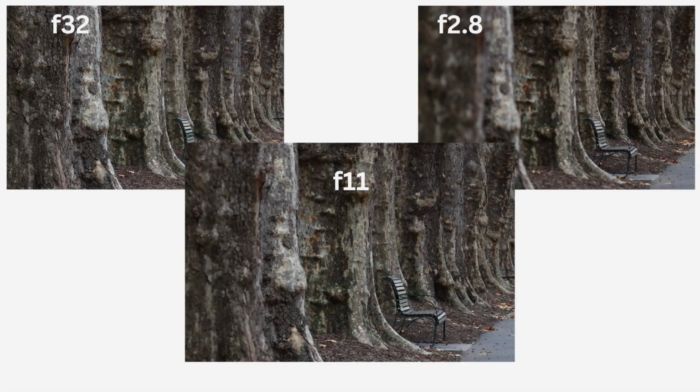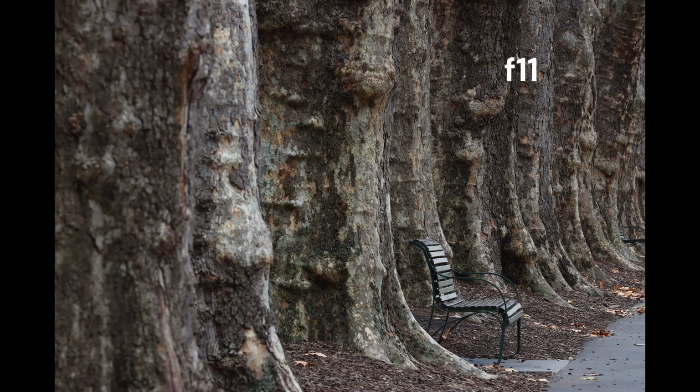Now, this one's the f11, and f32 takes you all the way through with sharpness. The f2.8 gives you the shallowest depth of field. And here we are at f11 in the middle. It's giving us the softness at the tree at the front, so it's bringing our eye in, but it's giving us our greater field, the greater depth of field.